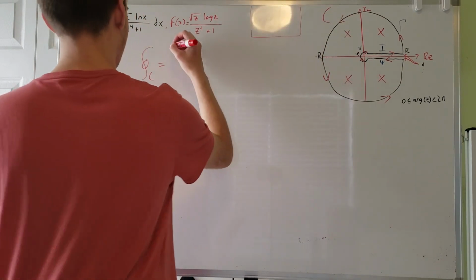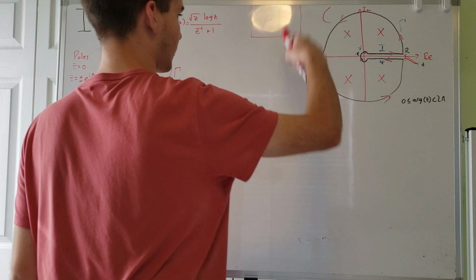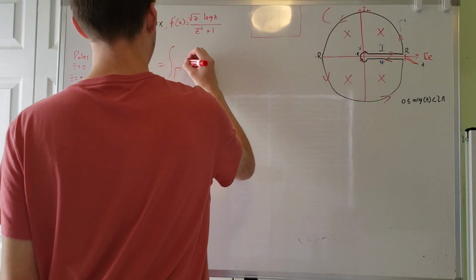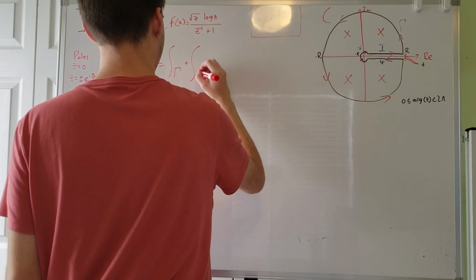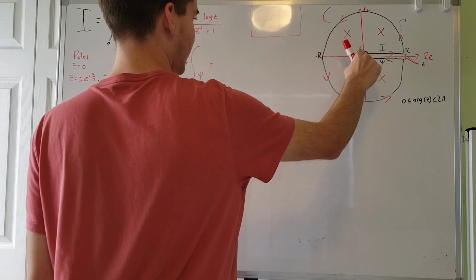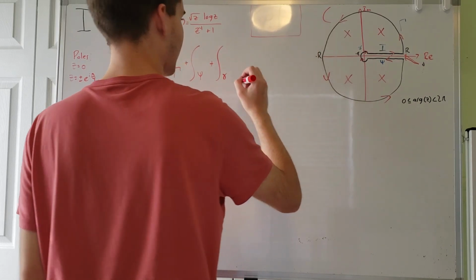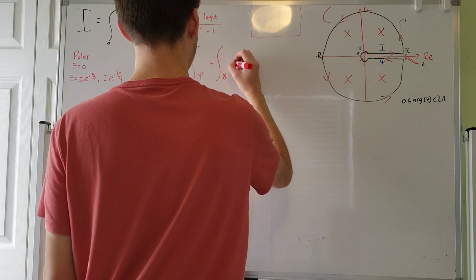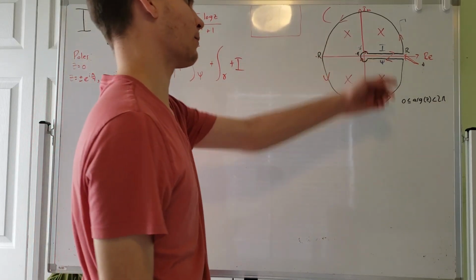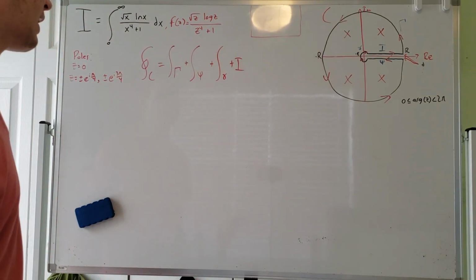So we have the integral over big gamma, because that's our large circle, plus the integral over psi, plus the integral over little gamma, and then plus our target integral I, which is the integral from 0 to infinity of our function.